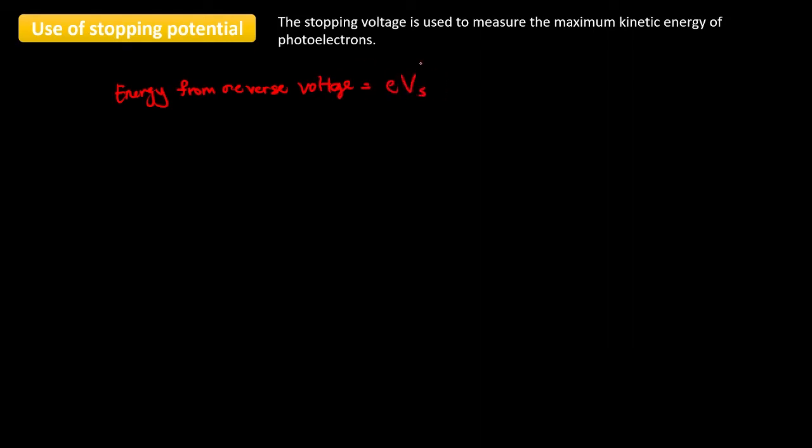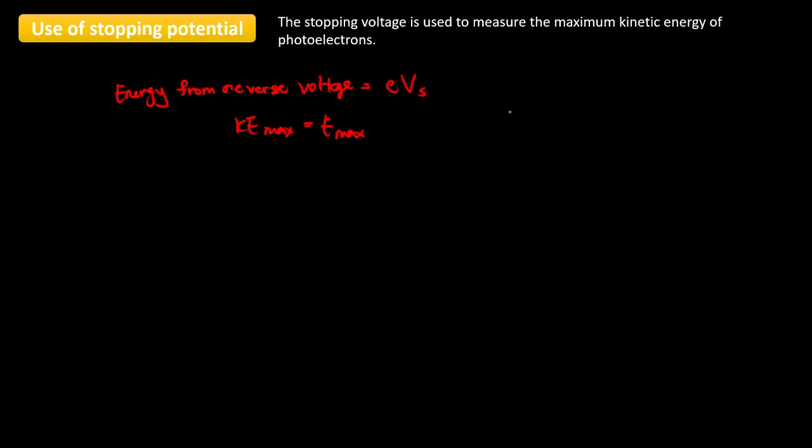This energy is used to stop the maximum kinetic energy, the most energetic kinetic energy of the photoelectron. So this is your Emax. This whole energy is used to stop the most energetic electrons.